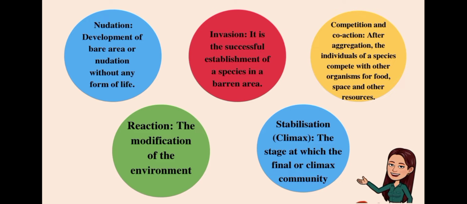Next is the reaction. Reaction is the modification of the environment. It is called the reaction when living beings influence the environment. Lastly, the stabilization, the stage at which the final or climax community is reached. Stabilization occurs when a system becomes more or less stable for a longer period of time in a certain environment.